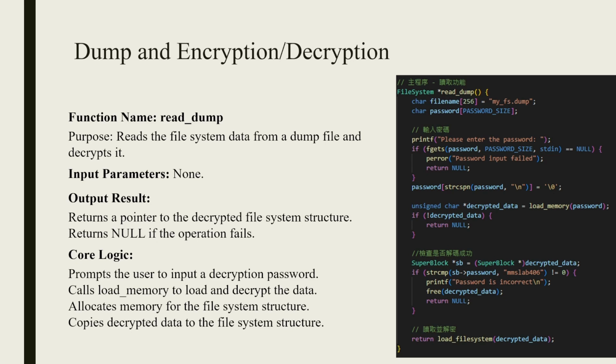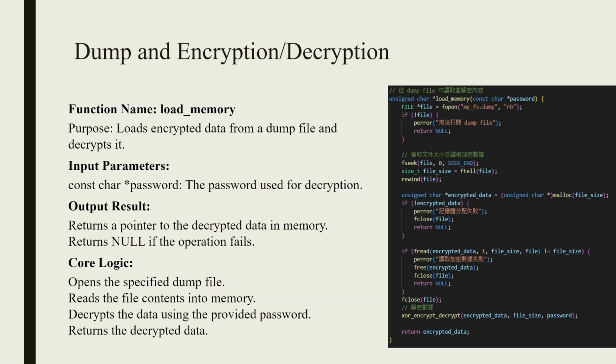So this part's feature is the secure restoration of the file system data. This part is the load memory part. This function reads the encrypted data from the dump file and decrypts it, and it ensures that the data is ready for the reconstruction of the file system.